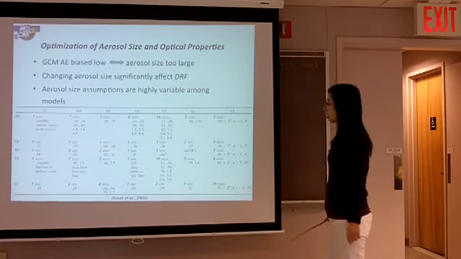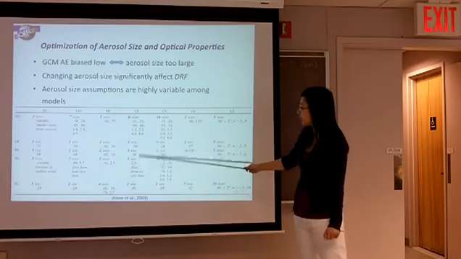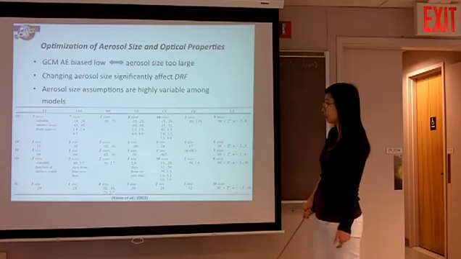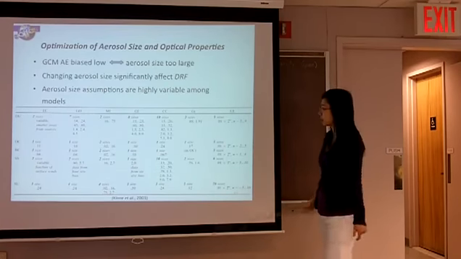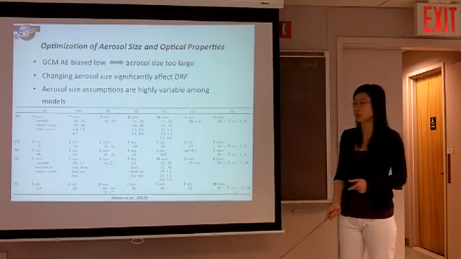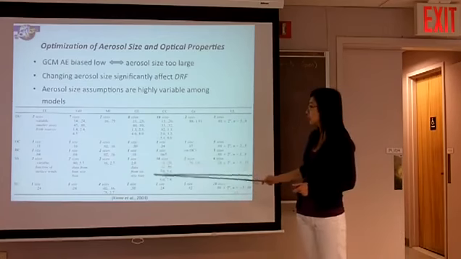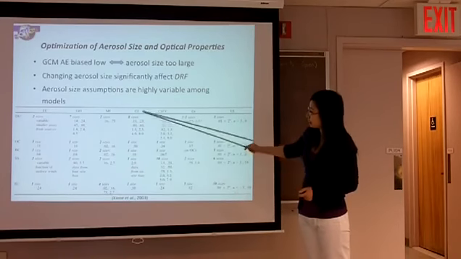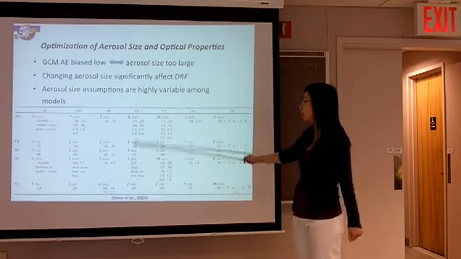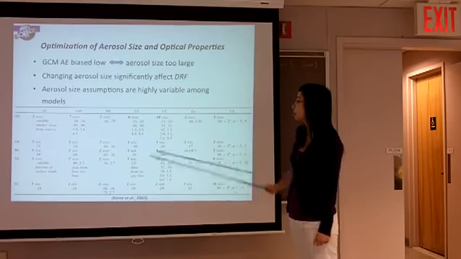So here we can see that the GISS aerosol sizes are generally larger compared with our other models, and also some models have bimodal or multimodal distributions for some species, especially dust and sea salt, and also for some others like organic and black carbon, but we only have one mode for these aerosol species.